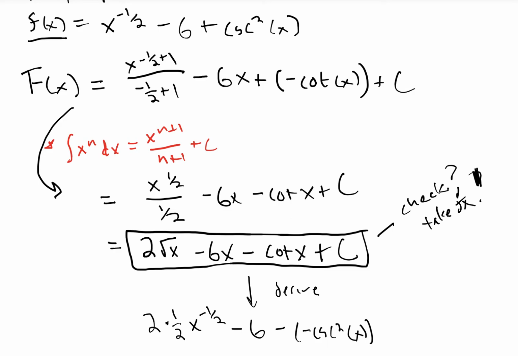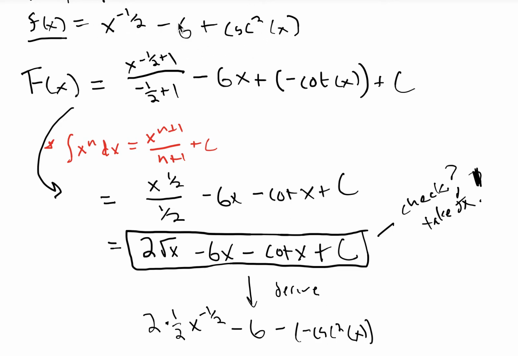Now, if I think about what this simplifies to, let's compare this. First off, my 2 and 1/2 are going to cancel. I am just left with x to the negative 1/2. Hey, that's the first term of my f function. Similar deal here, my minus 6 shows up again, and here I was subtracting a negative cosecant squared. That shows up in my f function.